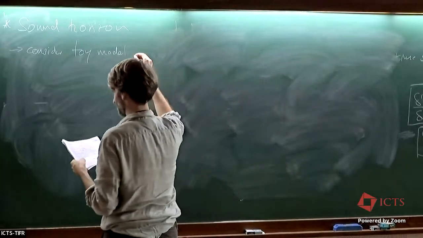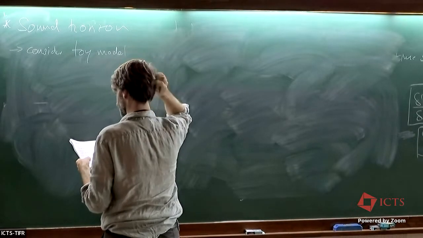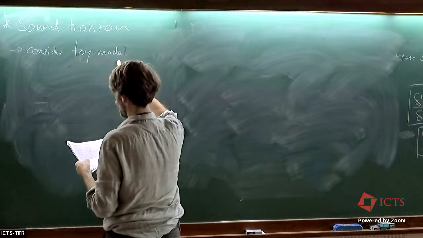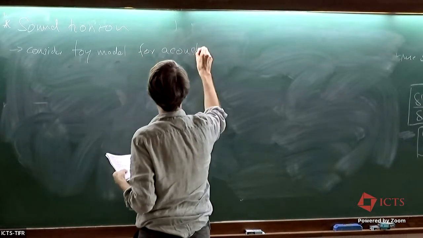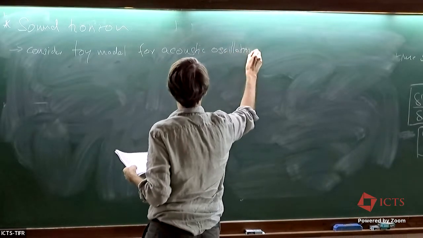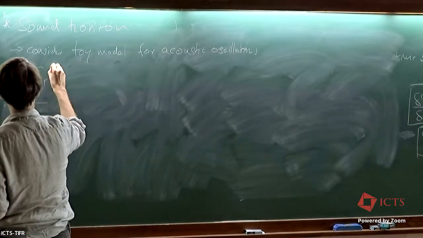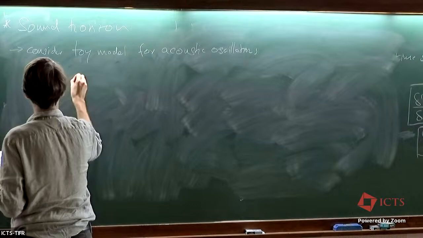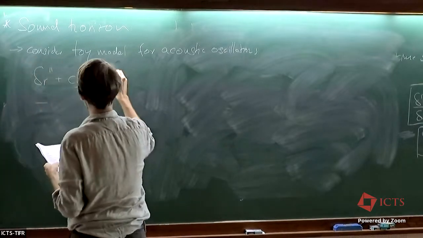I'm so sorry about that, but otherwise I'm never going to finish what I want to say. So consider a toy model for acoustic oscillations. So if you just recall the equation I wrote down before for radiation, it was this.